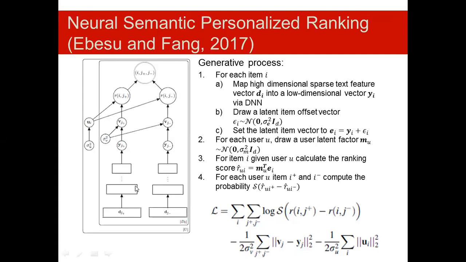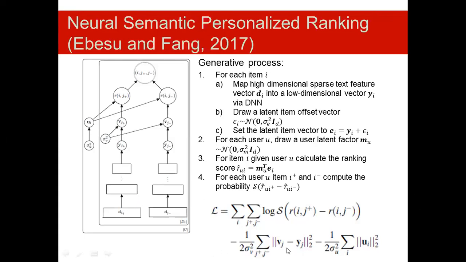Here we use so-called pairwise ranking. These are j plus and j minus, where j plus is the item that is preferred over the item j minus.